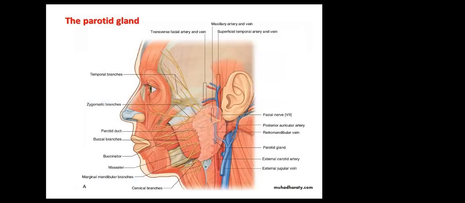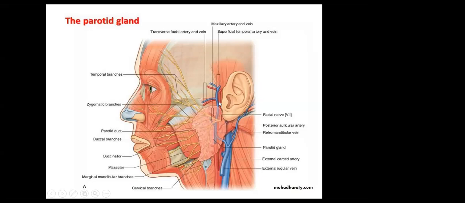The terminal part of the external carotid artery runs through the isthmus and divides into two terminal branches, the superficial temporal artery and maxillary artery.